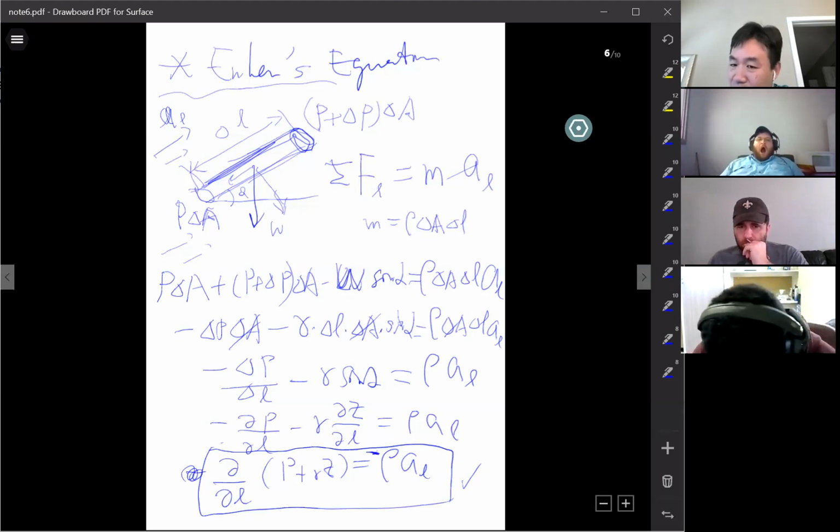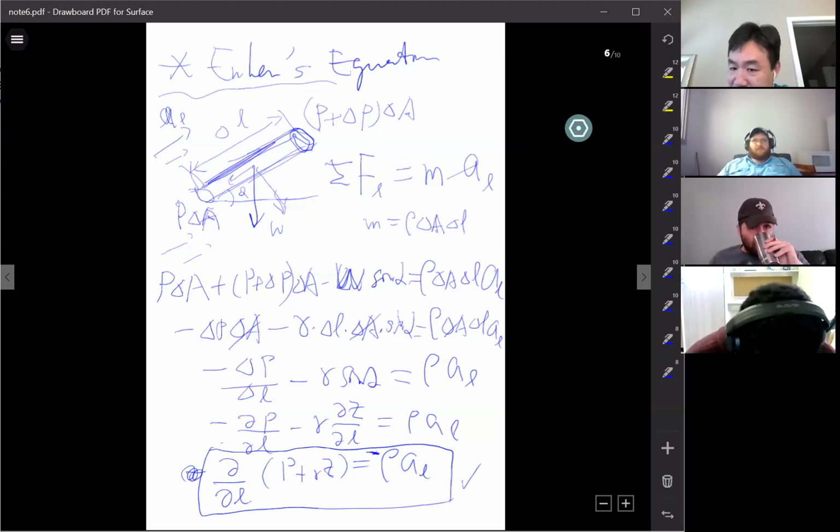It could be X, Y, or Z, or any cylindrical coordinate, R or theta. It could be any direction. Then that dictates the derivative on the left. You have to take the derivative along that same direction.